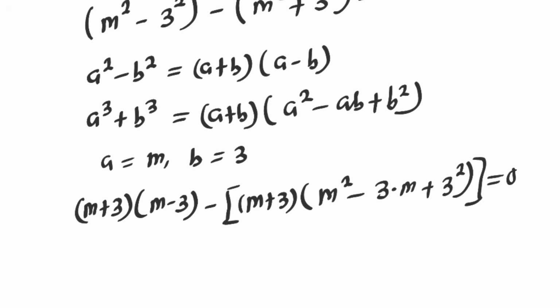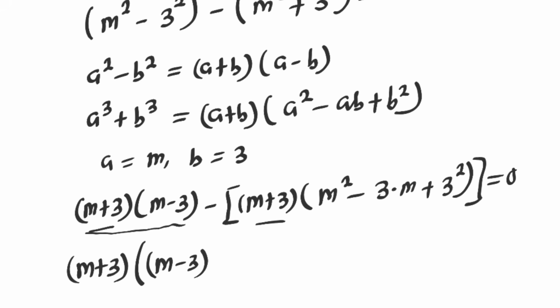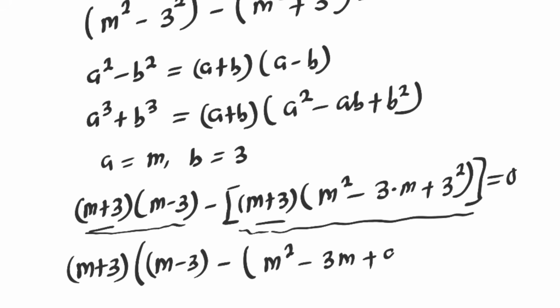Then here m plus 3 is common here. Let's bring it out. We have m plus 3 bracket, if you divide the whole of this by m plus 3, we have m minus 3. Then minus, if you divide the whole of this by m plus 3, we have m square minus 3 multiplied by m, that is 3m, plus 3 square, that is 9. Close the bracket, then close the whole bracket, is equal to 0.